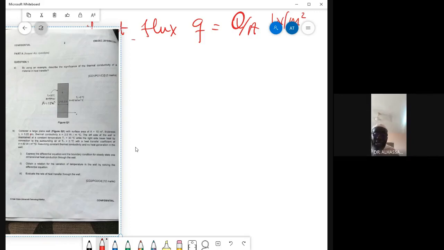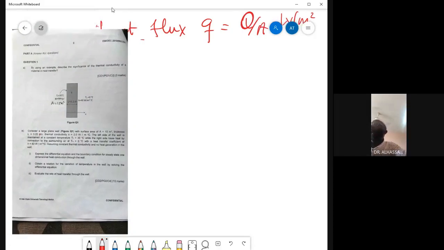An example could be a good conductor of heat, or a poor conductor of heat. You understand me? So we say that thermal conductivity, by definition, K, thermal conductivity. So this is the solution to this.